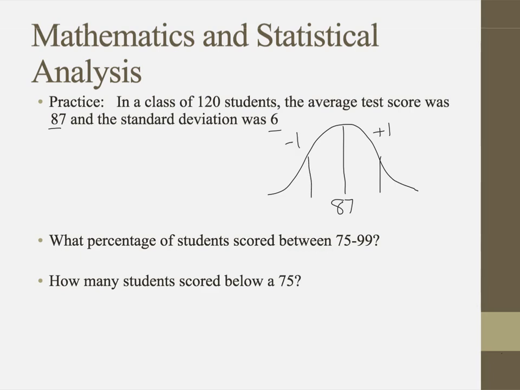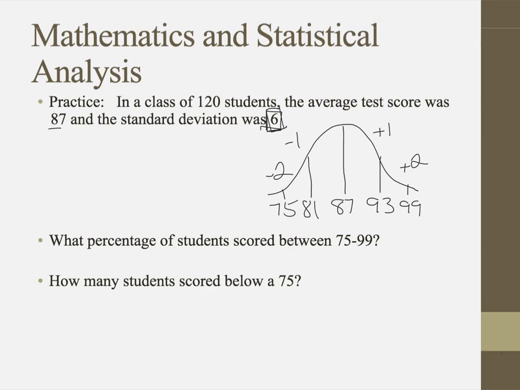Okay, and each time if I want to figure out what those values are, since it says my standard deviation was 6, 87 plus 6 would be 93. 87 minus 6 would be 81. Now I'm going to draw lines for +2 standard deviations and -2. I'm going to add another 6. So that would get me up to 99 and 75.